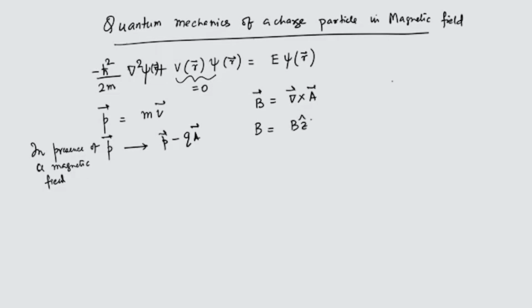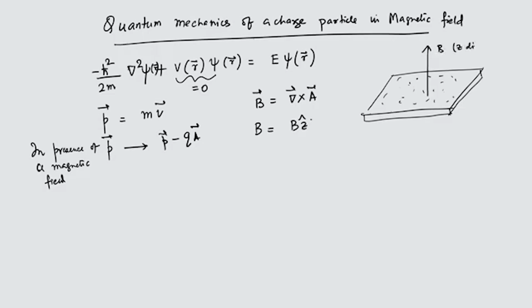The understanding is that we have planar charges. So there are charges here, in a material like this, say a thin material, and there is a magnetic field which is perpendicular and acting in the Z direction. So this is the Z direction.